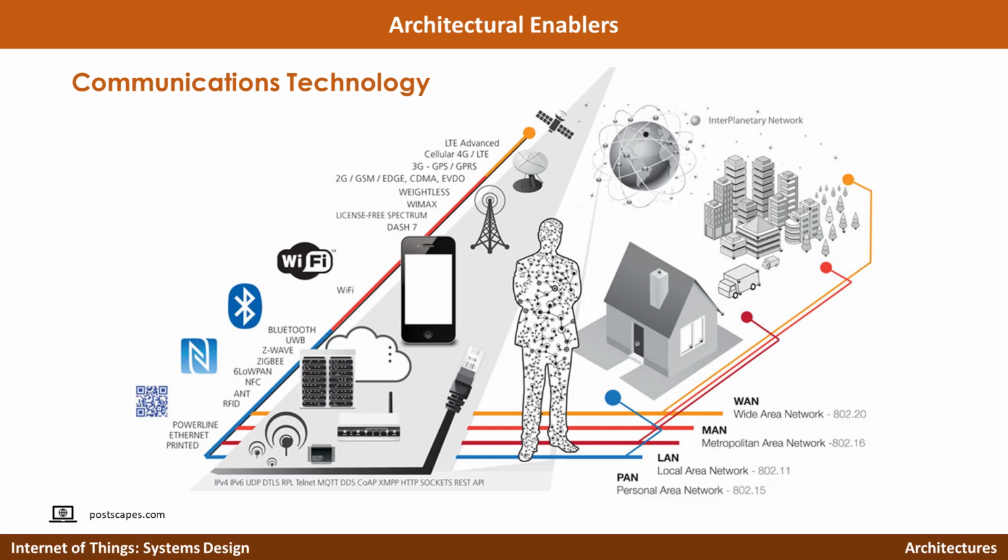And then when you move into the wide area network, you can see the cellular, 2G, 3G, 4G, and you can also see 5G coming up, even though it is not in this figure. So what I want to point out is that depending on the application scenario, you can pick and choose from this wide range of protocols, where each of them has some pros and cons, which we'll discuss later in this course.